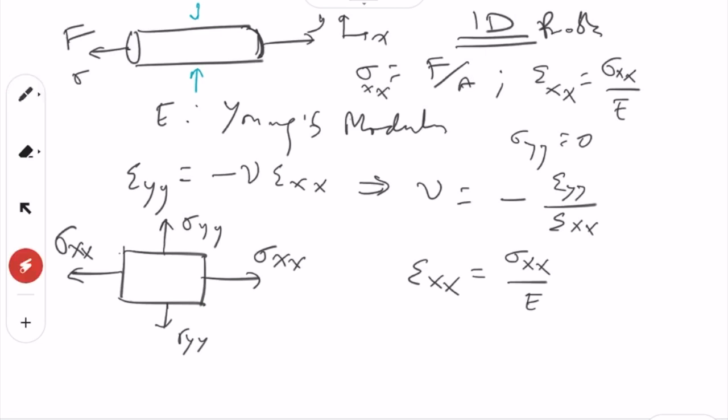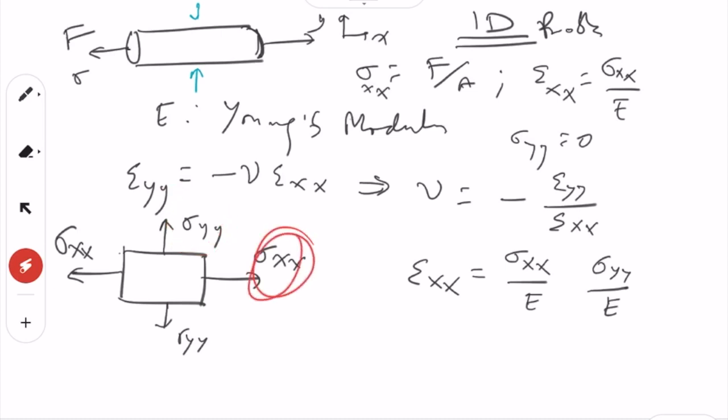So sigma yy alone will produce what? Will produce a strain which will be sigma yy over E. There will be the Poisson's effect, meaning that a strain in this direction will be a strain due to sigma xx plus a strain due to sigma yy.